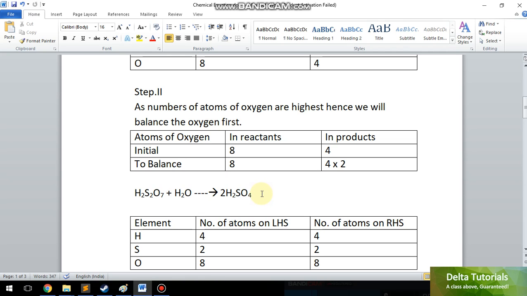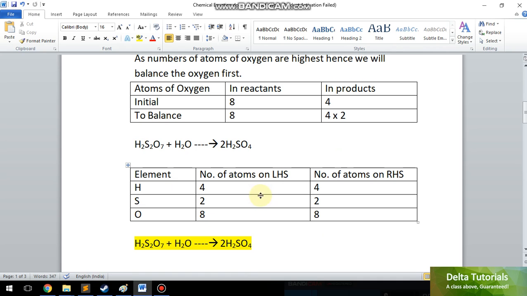Now while doing so, what actually happened is the other two elements, hydrogen and sulfur, also got balanced because of this prefix 2. Surprise? Let's check. See, initially the number of hydrogen atoms on the reactant side was 4, and now after adding a prefix 2 they also have become 4. See, H2 means 2 and this 2 into 2 they have become 4.